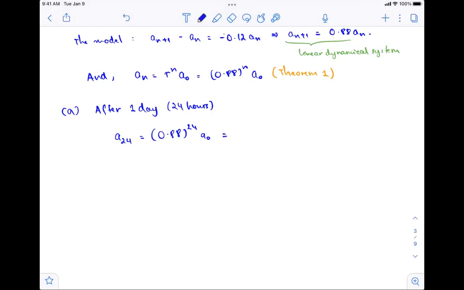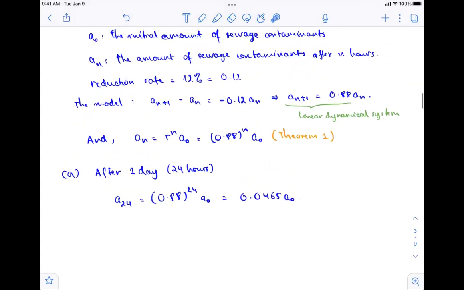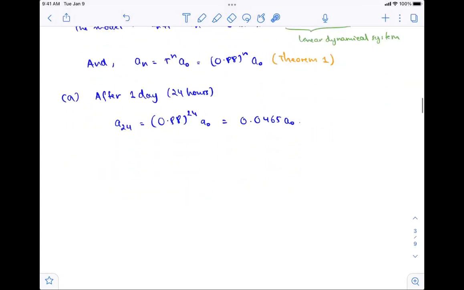The quick calculation gives 0.88 raised to 24 is 0.04658. So after 24 hours, the amount of sewage contaminant is about 0.0465 times a0.